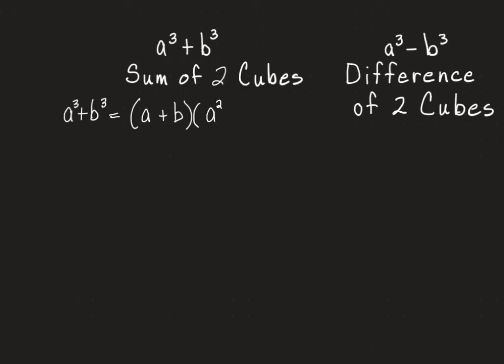Then I change the sign to the opposite. I multiply the first term times the second term of my factor. And then, always positive, I always add the last term of my factor squared. So what I have is the same sign here, the opposite sign here, and this is always positive.